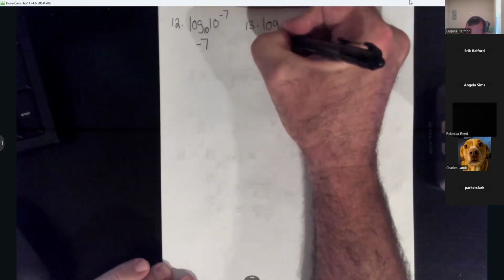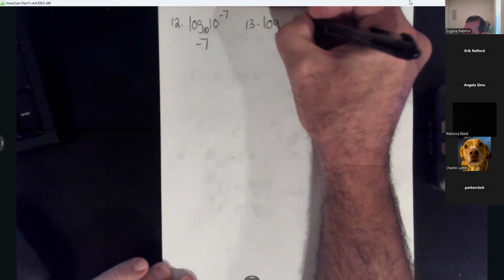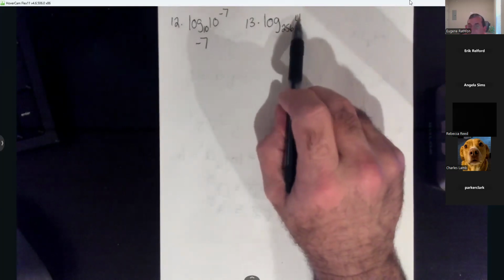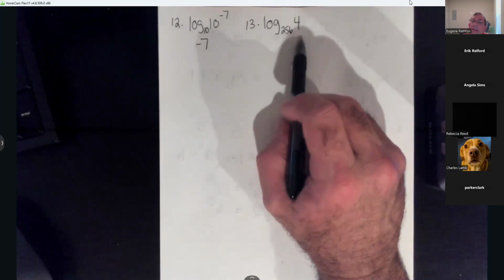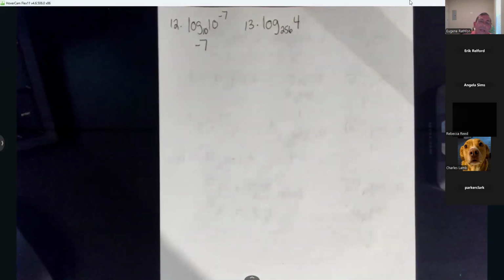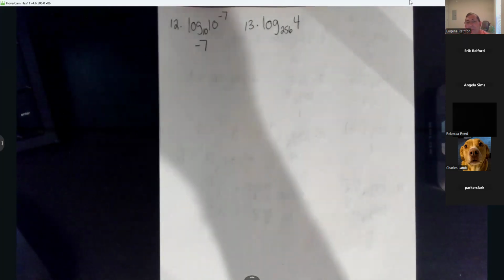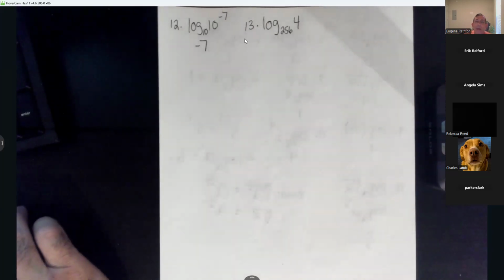Watch this. Log base 256 of 4. Check this out. Anytime the result is smaller than the base, you're going to get a fractional exponent answer. When you punch this in, it's going to give you a decimal, so let me show you how to do that. Angela, good job. That's definitely going to give me a fraction.